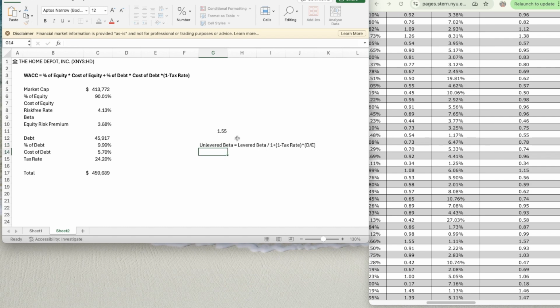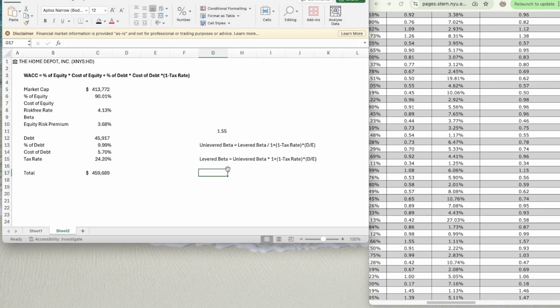So to rearrange that, levered beta equals unlevered beta multiplied by 1 plus 1 minus the tax rate multiplied by debt divided by equity.